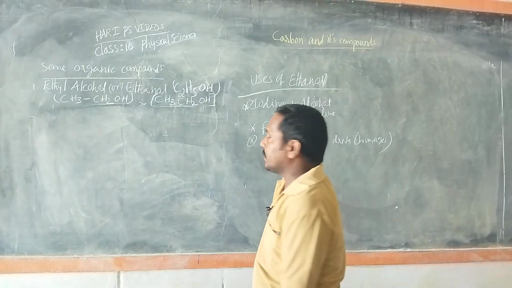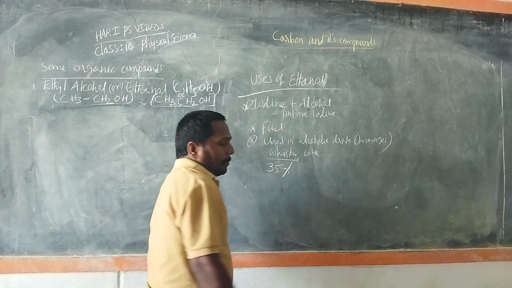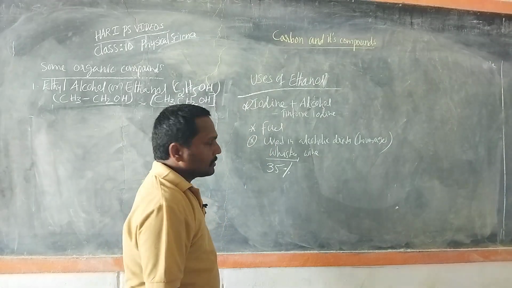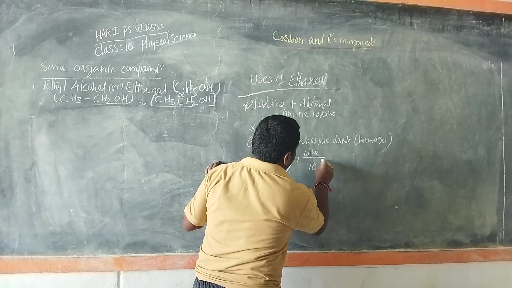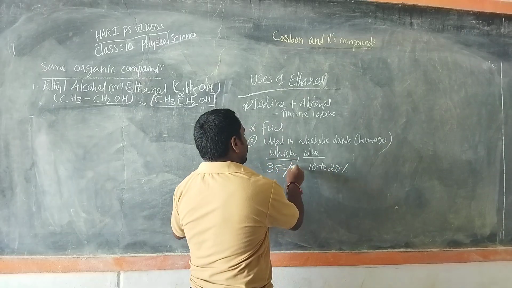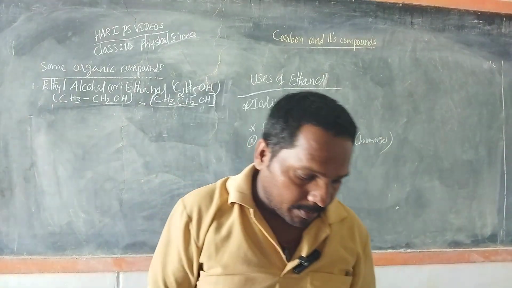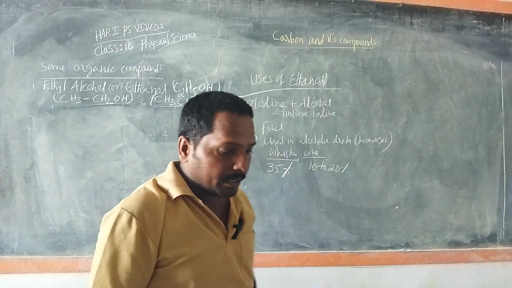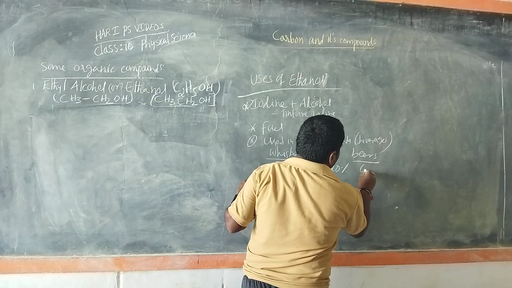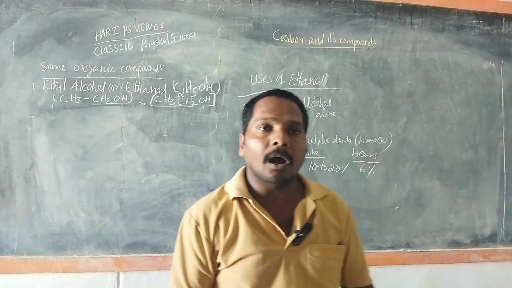Whiskey contains 35% of ethyl alcohol. Wine contains 10 to 20% of alcohol, and beer contains 6% of alcohol.